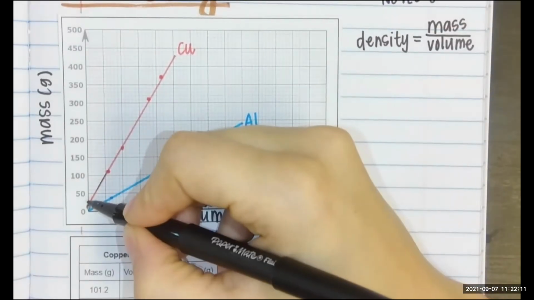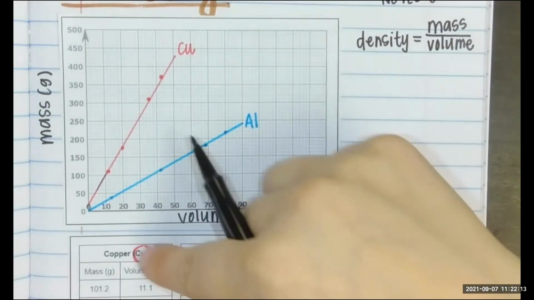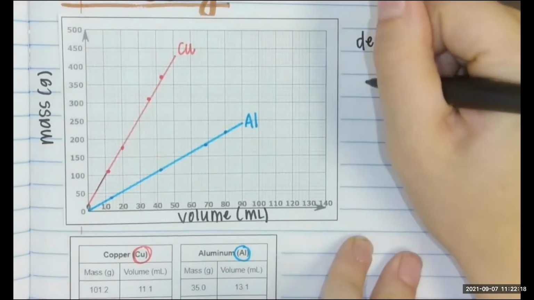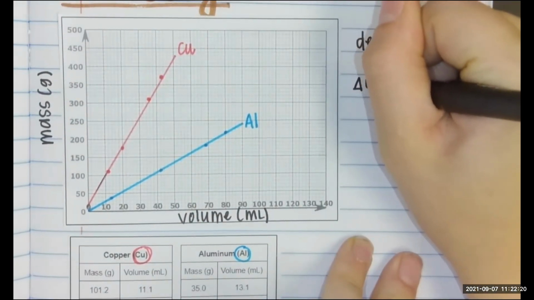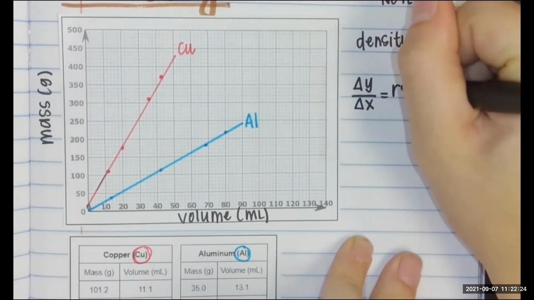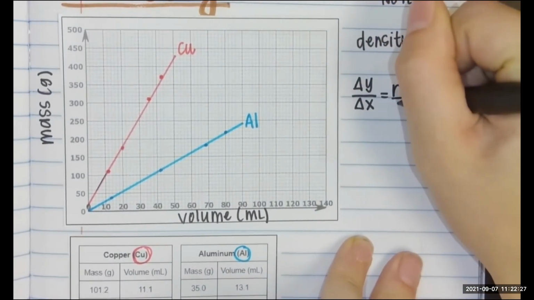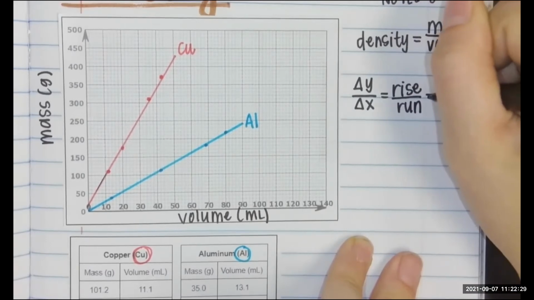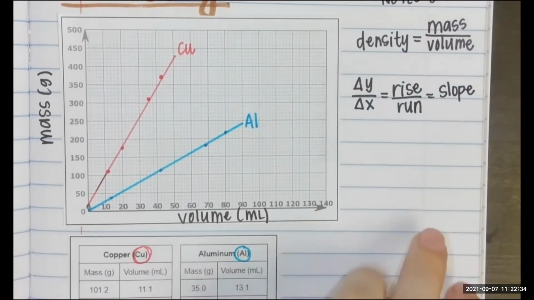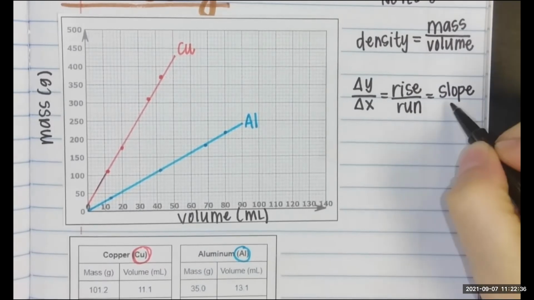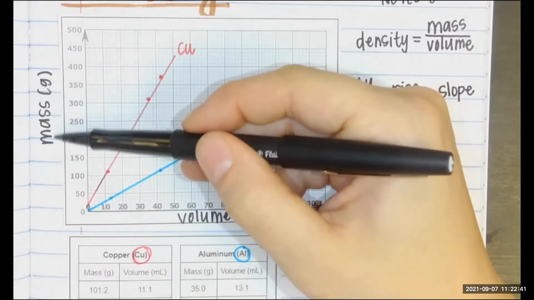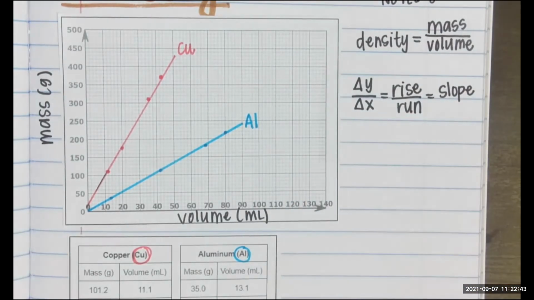Our line of best fit will take the average of the data. Since we put mass on the y-axis, if we do change in y over change in x, aka rise over run, aka if we are calculating the slope, in this case, our slope is going to be the density because we've got mass over volume.